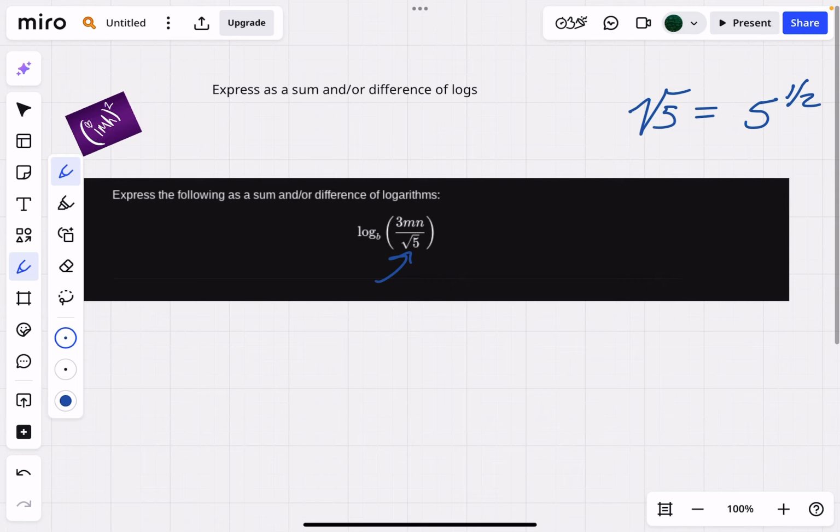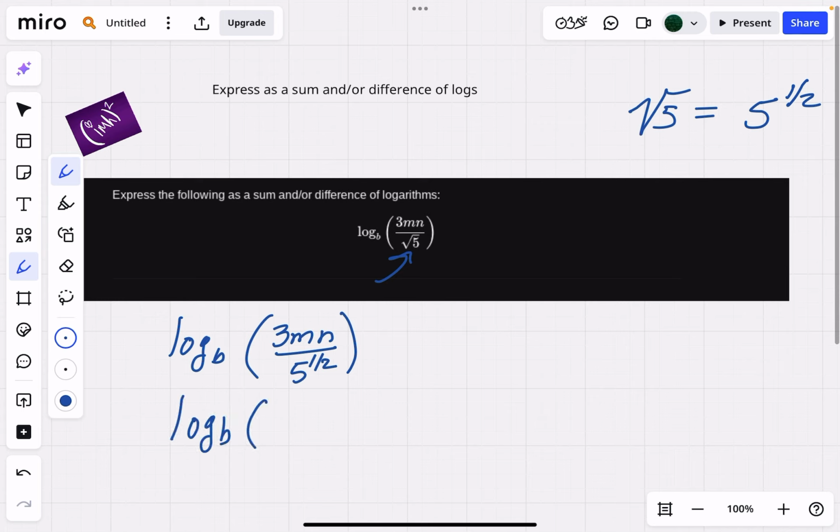So the first thing that we're going to do is rewrite it. The log base b of 3 times m times n, and for now I'll put it in the denominator so you can see step by step. So the first thing will be to bring this up to the numerator.